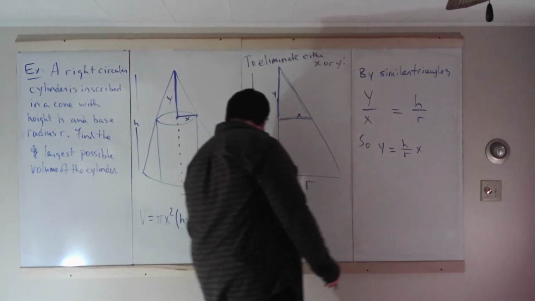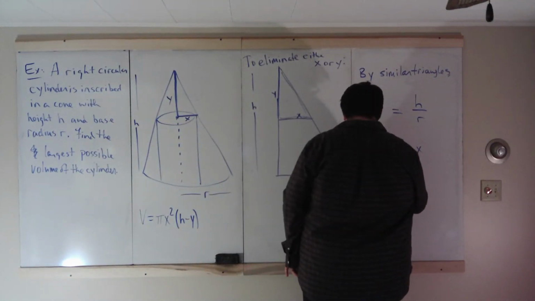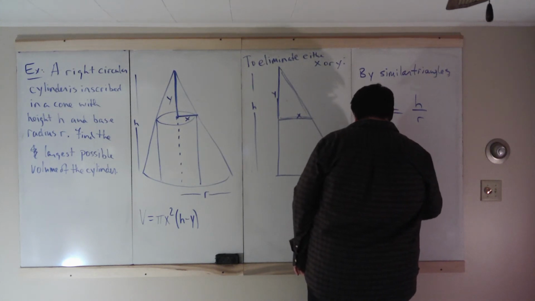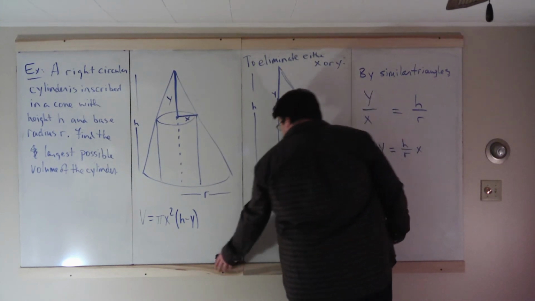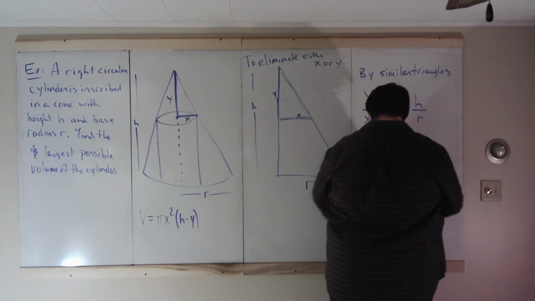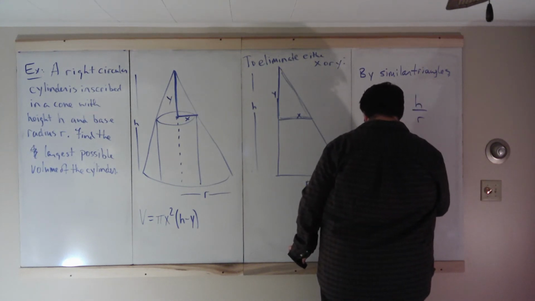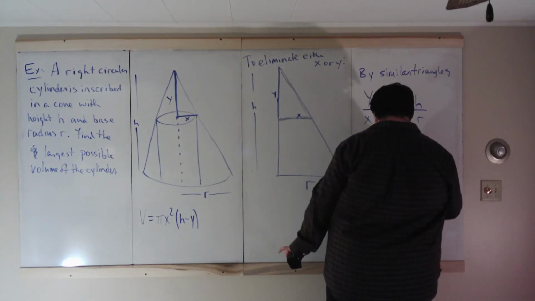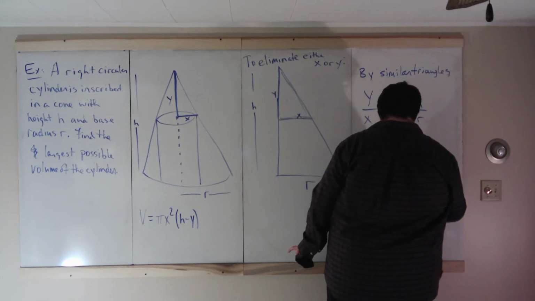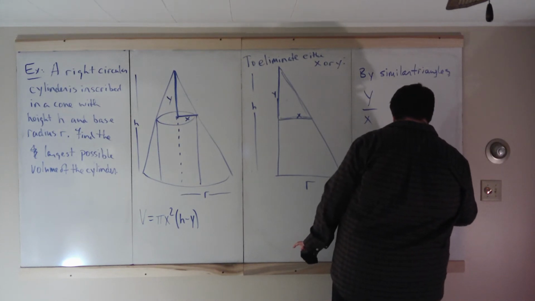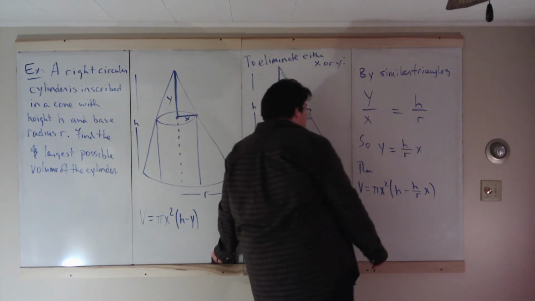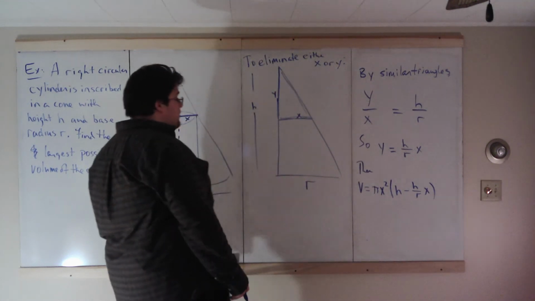I'll do that over here. Then volume equals pi x squared times h minus y. So h minus y, h minus h over r x.